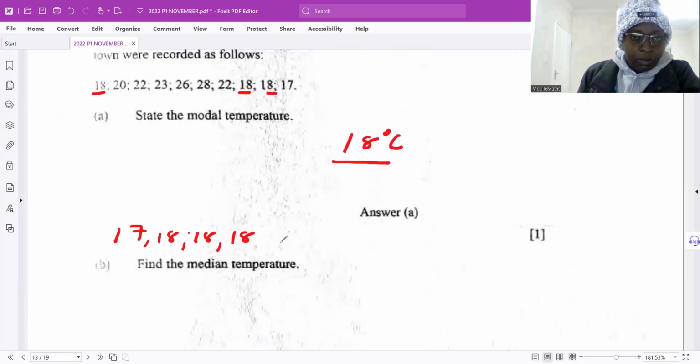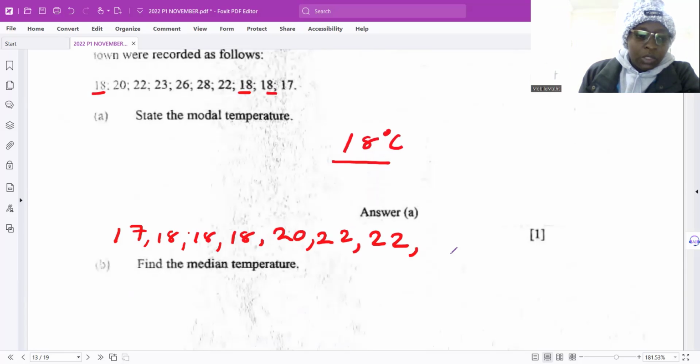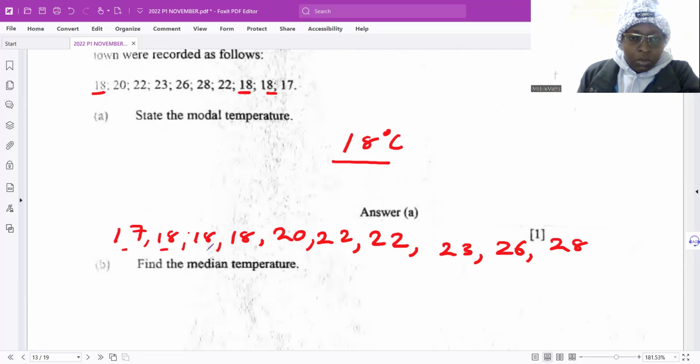Then from there, we've got 20. Then from 20, we have 22. We've got two 22s. Then from 22, we've got 23, then 26, and 28. Okay, let's check: 1, 2, 3, 4, 5, 6, 7, 8, 9, 10.